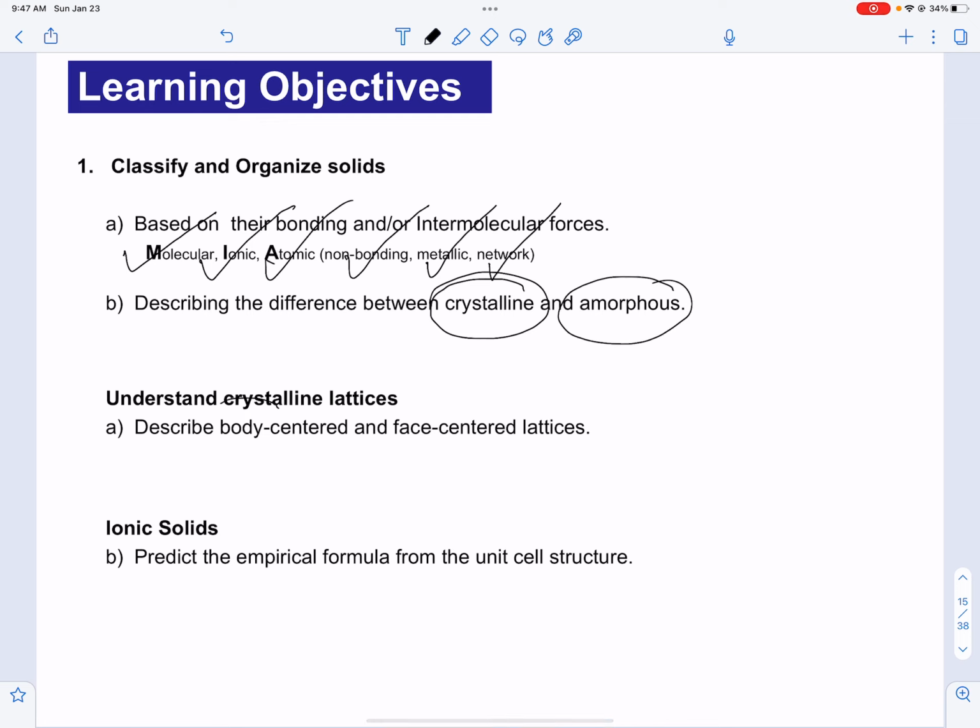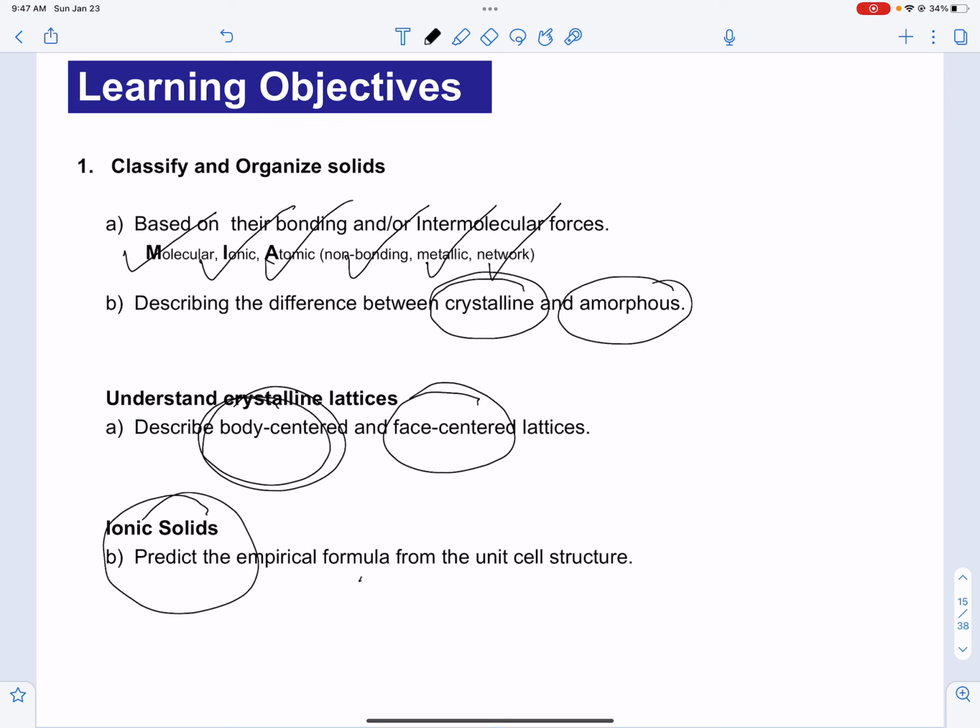You saw what a body center structure is once you identify the unit cell, and you know what a face center is. And we were able to predict the empirical formula by doing coordination numbers and by counting atoms.